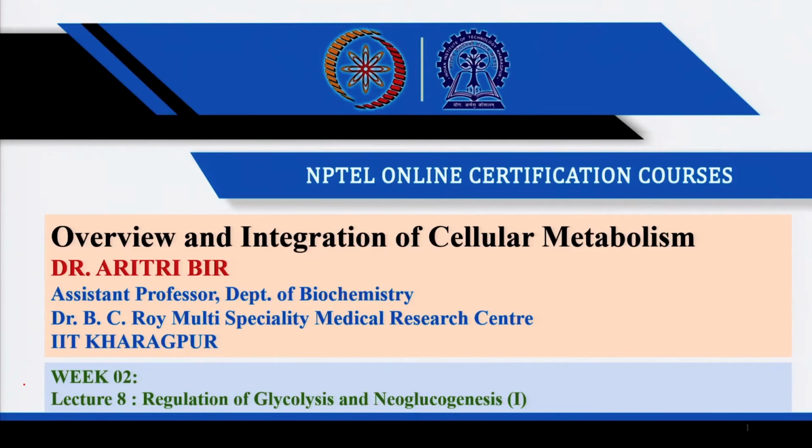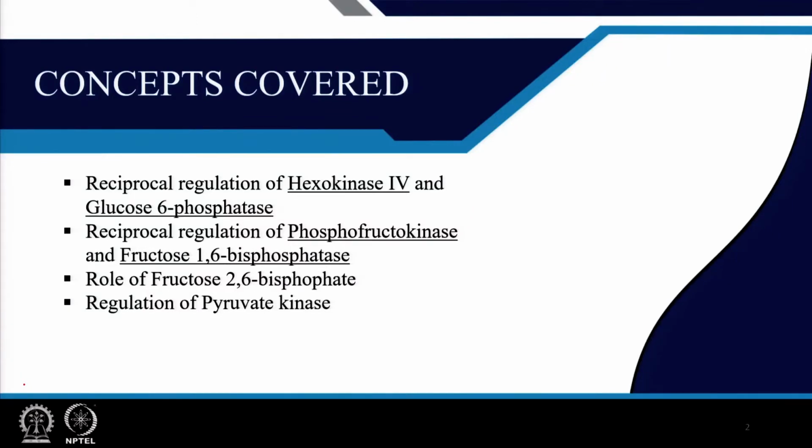Today's class is about regulation of glycolysis and gluconeogenesis. In this class, we will cover concepts like how glycolysis and gluconeogenesis are reciprocally regulated at the level of different enzymes' activity, like hexokinase 4 and glucose 6-phosphatase.